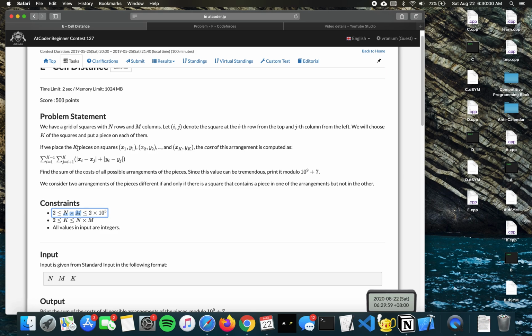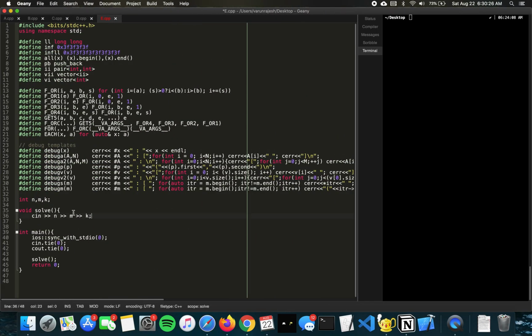So essentially for each pair we know that its Manhattan distance occurs nm minus 2 choose k minus 2 times, because it occurs in all of those arrangements. So pair 1 will occur nm minus 2 choose k minus 2 times, and then pair 2 will also occur this many times, same for pair 3, same for pair 4.